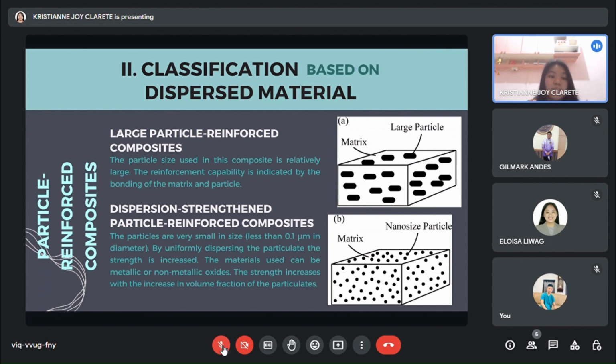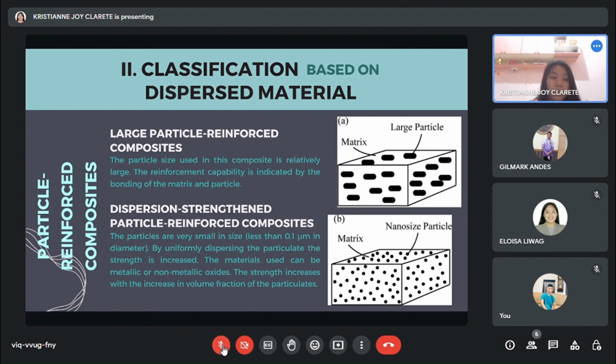So, based on the earlier example of concrete, the mixture of sand, cement, and water forms the matrix, and the gravel functions as the reinforcing particle. As said in the definition earlier, it is not as strong as the other composites because the particles are very small and not as well intact. Nonetheless, it is still fit to use because it has the capability to resist the progressive loss of volume, or what is called wearing.